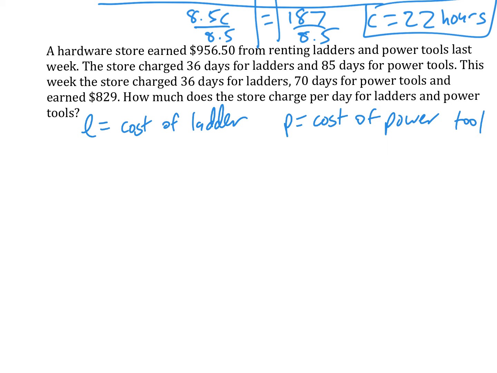Okay, so let's write our equation. If it's 36 days, it'd be 36 times the cost, right? So we would say 36L plus, we're going to add these together to find the total money earned. So 85 days for power tools that first week, 85P, and that's going to equal the first week charge, which is 956.5.